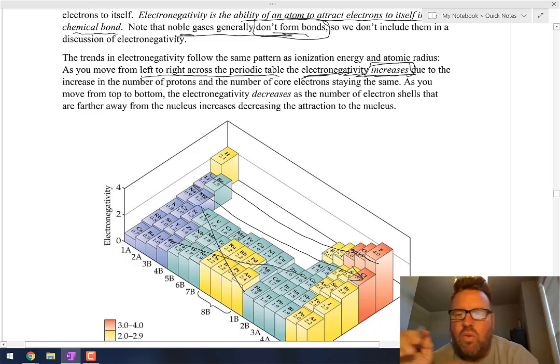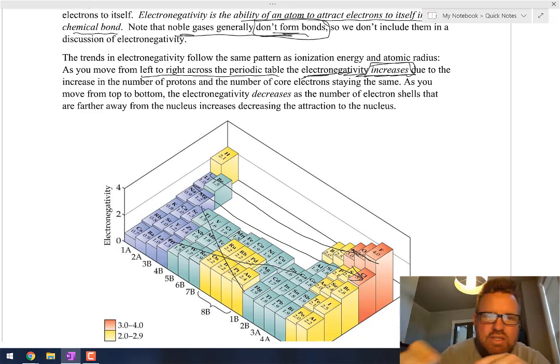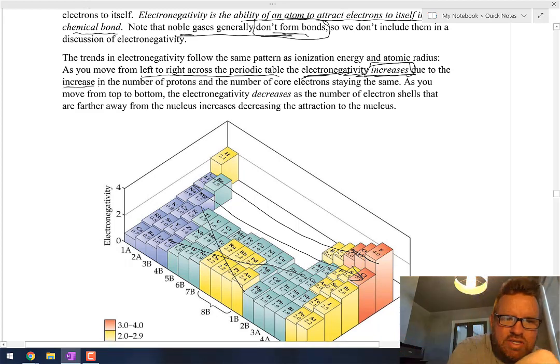And why does it do that? The same reason that the ionization energy goes up and the same reason that atoms get smaller, the atomic radius decreases. Because you're increasing the number of protons, but you're staying within the same valence shell.